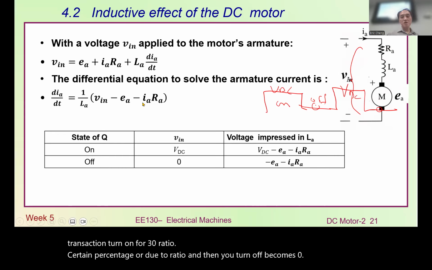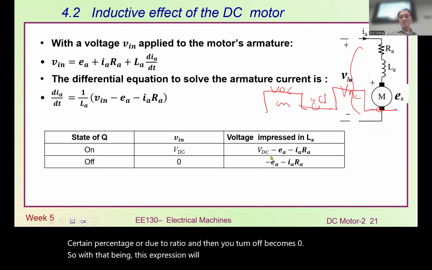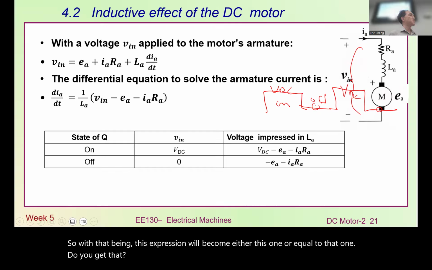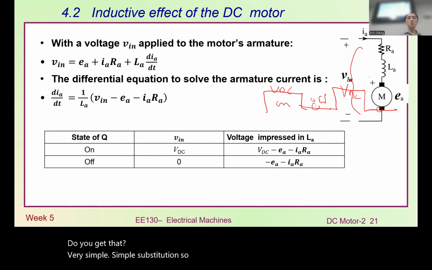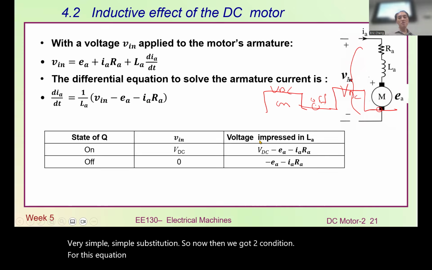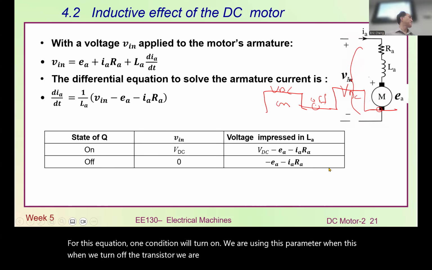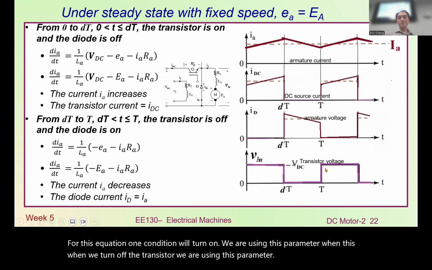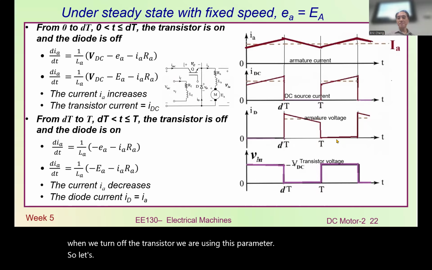So this expression will become either this one or that one. Do you get that? Very simple substitution. So now we have two conditions for this equation. When we turn on, we use this parameter. When we turn off the transistor, we use this parameter. So that's what we're going to see.